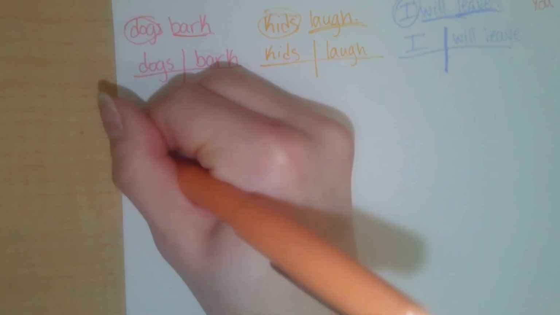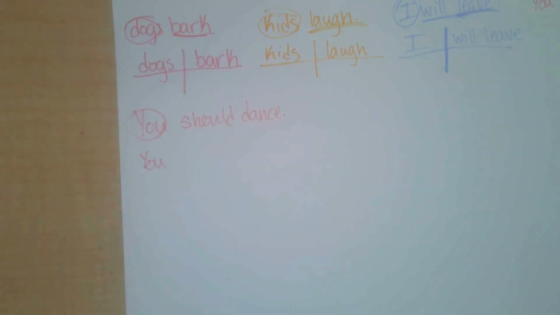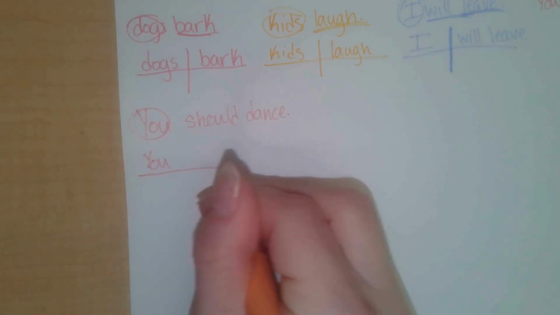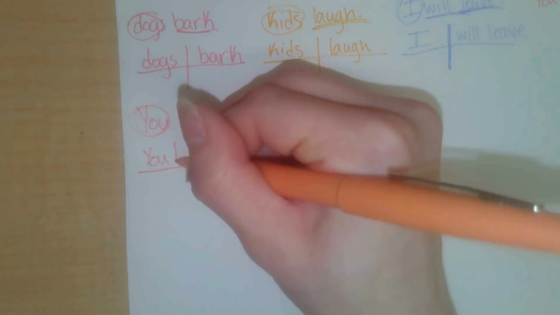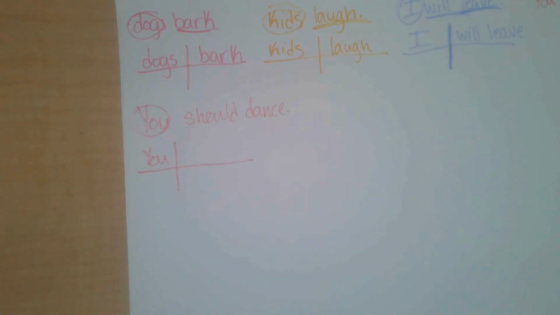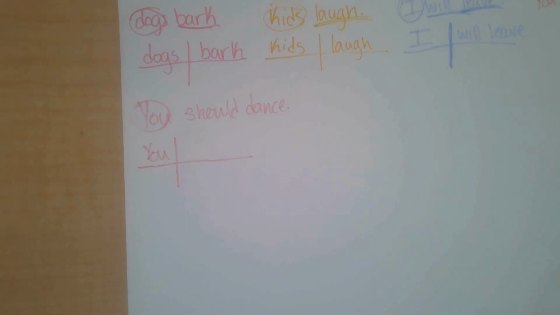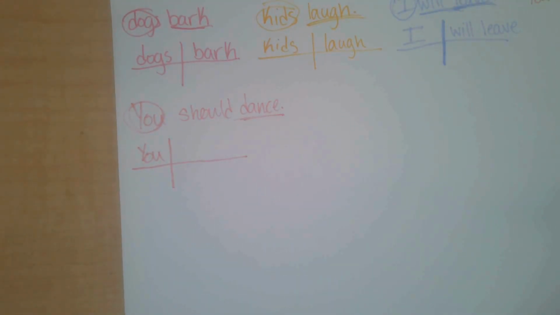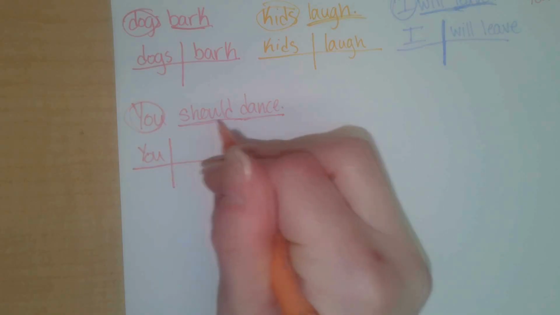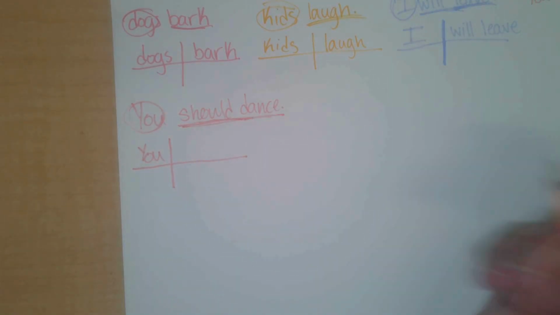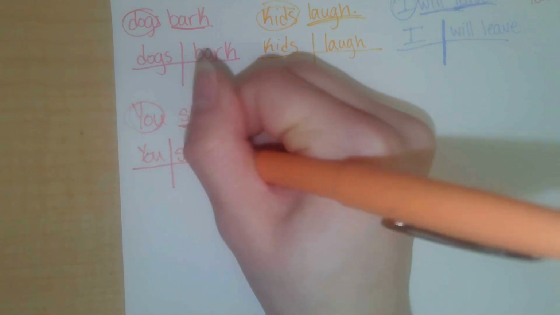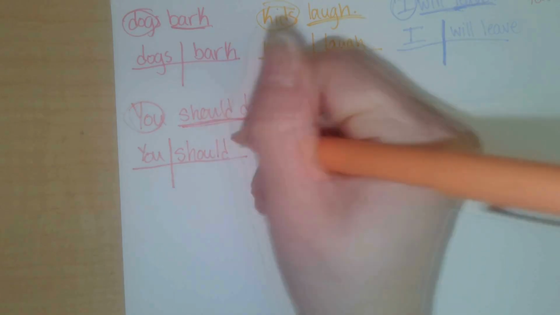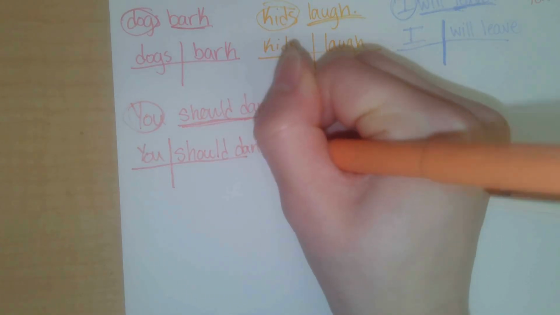You. You are doing something. So I'm going to write out you, draw my horizontal line, draw my vertical line. That went all the way down. Now what are you doing? You're dancing. You dance. We can't just leave should by itself, so it becomes part of the verb phrase. It is our helping verb.